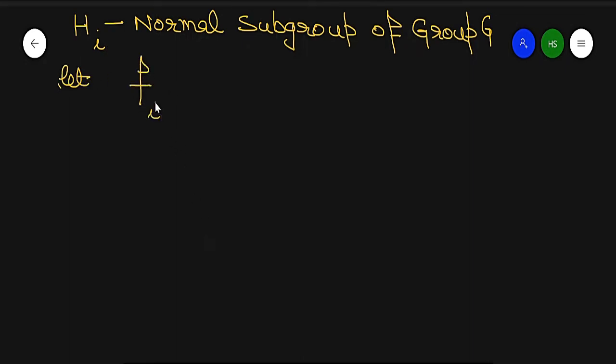Now to prove the isomorphism, let me take a mapping fi, which is from Gi to Hi. Now we know the elements of Hi and Gi. So what are those elements?